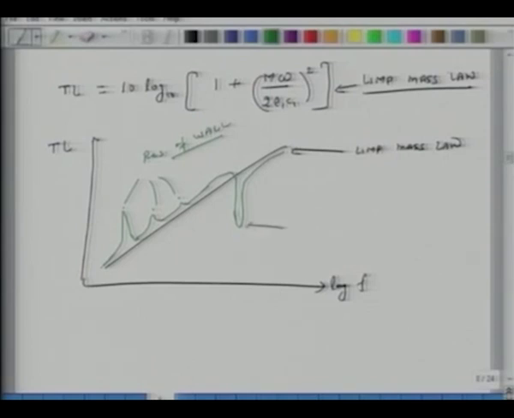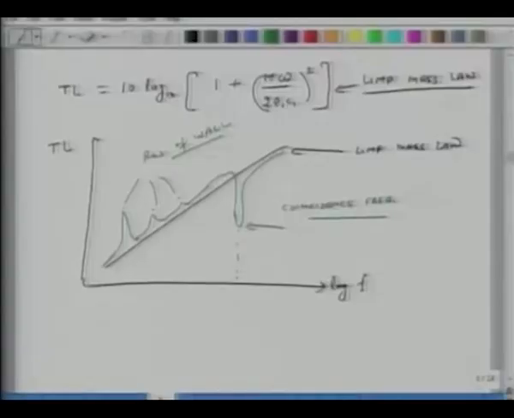And at this point, this frequency is called the coincidence frequency. And what is this frequency? Physically it means that when the frequency in the air matches the frequency of the bending waves in the wall, then you have this thing called coincidence frequency.